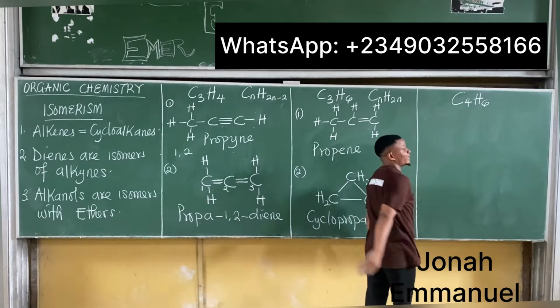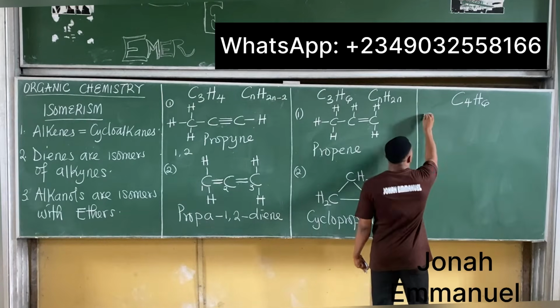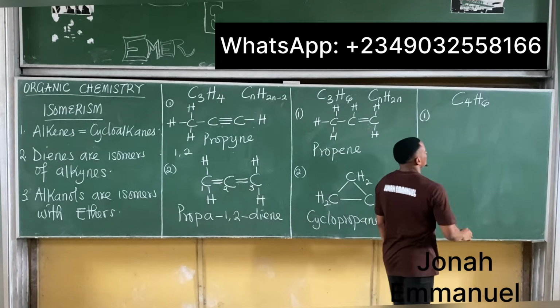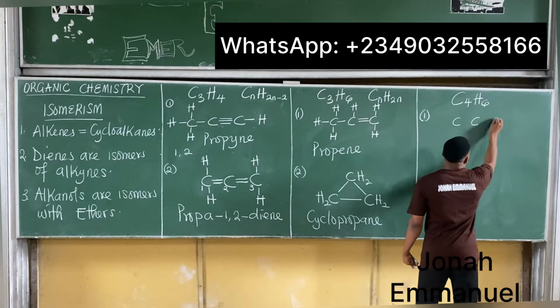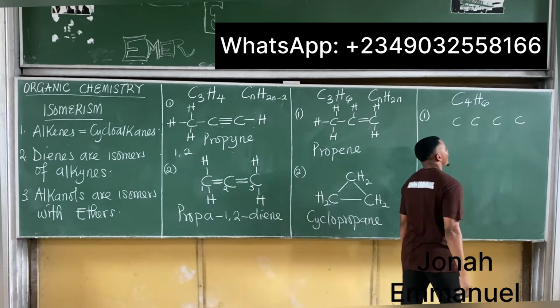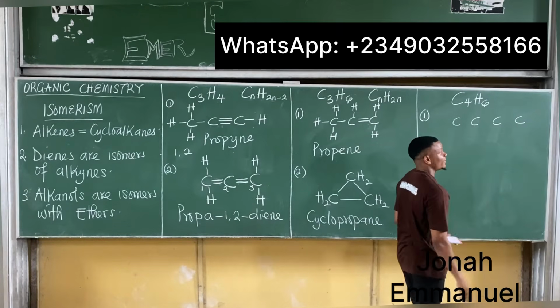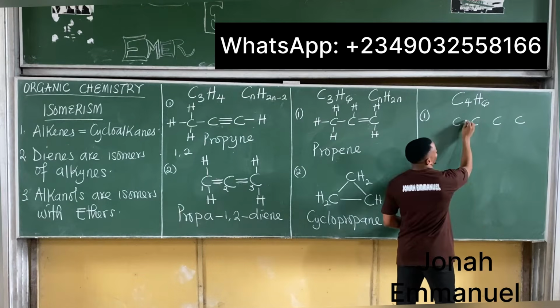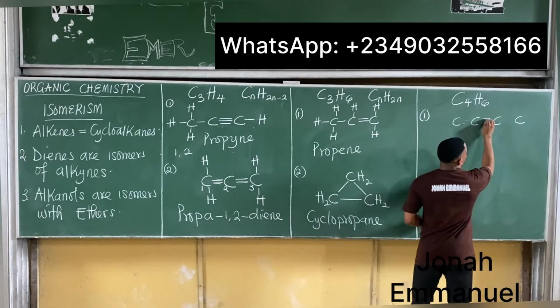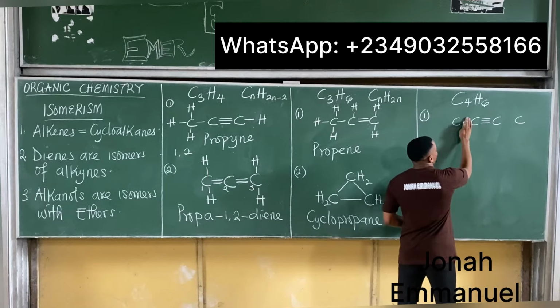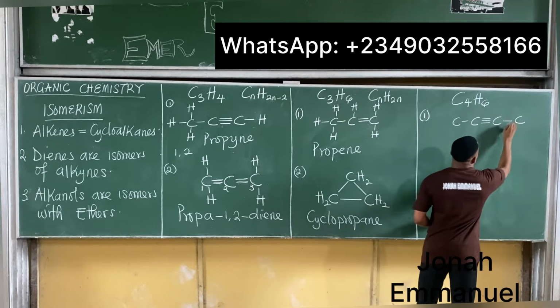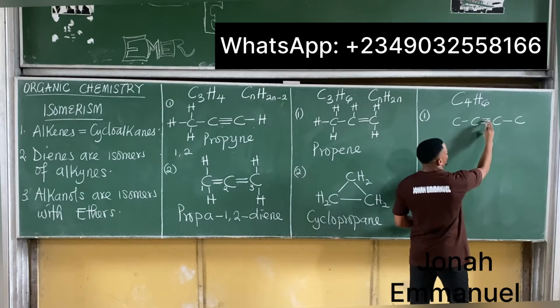So here's an alkyne. First things first, 4 carbons, 1, 2, 3, 4. Make this an alkyne. You can choose to put your triple bond here or here. For this case, let me use here. So this one becomes 1, 2, 3, 4.